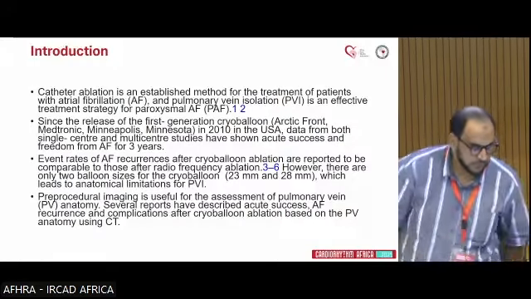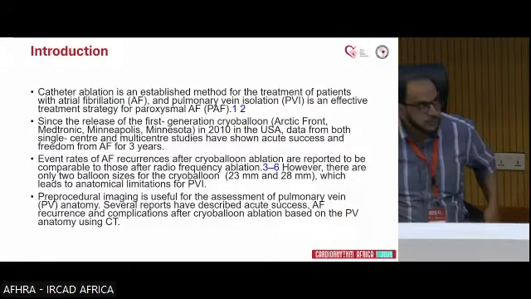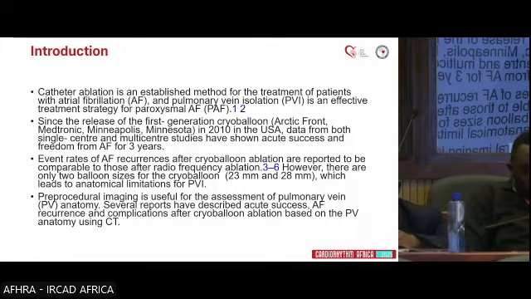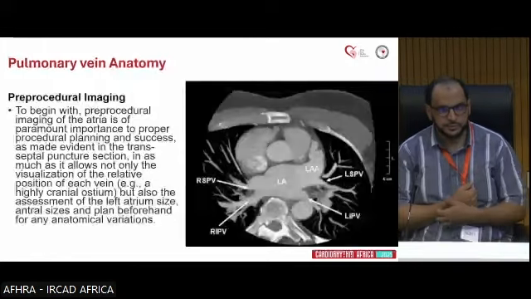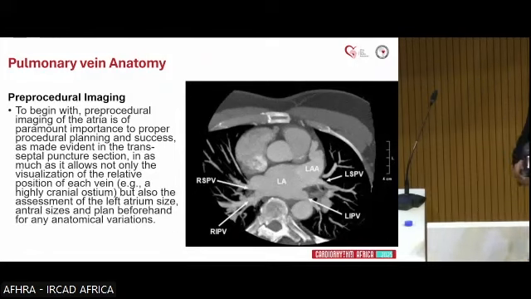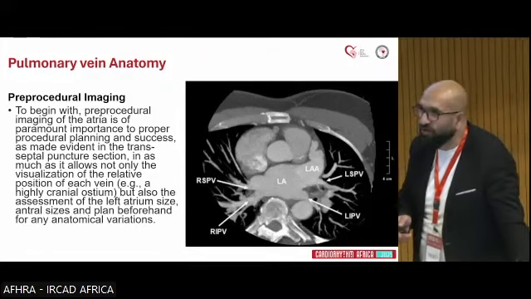Okay, introduction. Cryoablation is an established method for treatment of patients with AF, and pulmonary vein isolation is an effective treatment strategy for paroxysmal AF. Pulmonary vein anatomy, pre-procedure imaging, is the cornerstone of cryoablation.